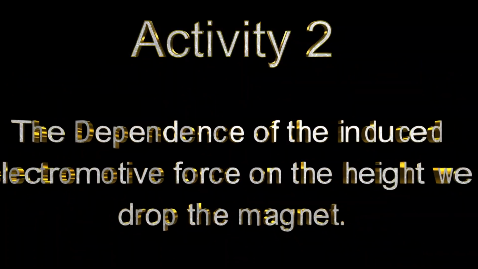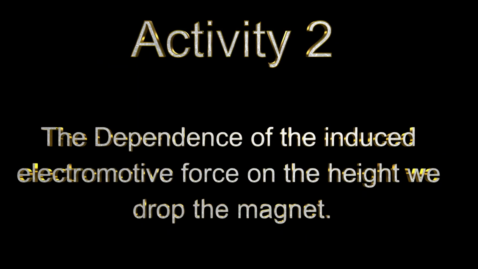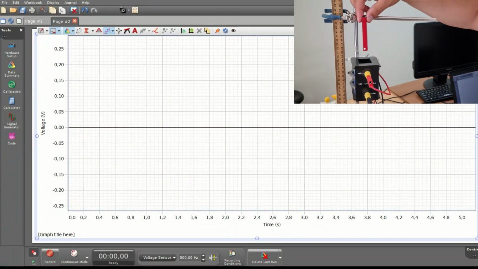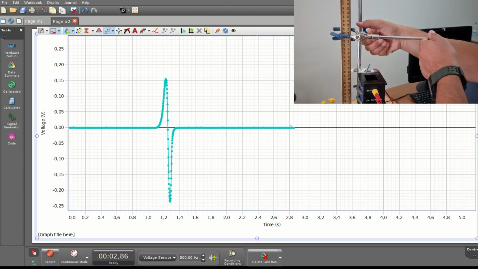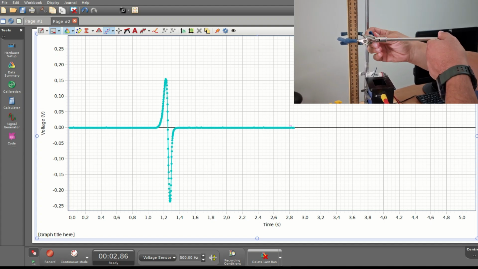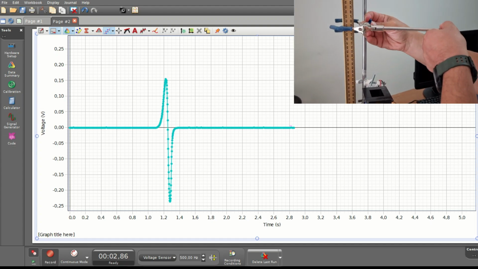Activity 2. The dependence of the induced electromotive force on the height we drop the magnet from. We drop the magnet through the same coil with the same pole facing downwards, but from two different heights.